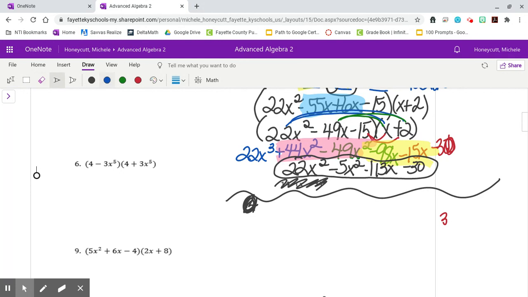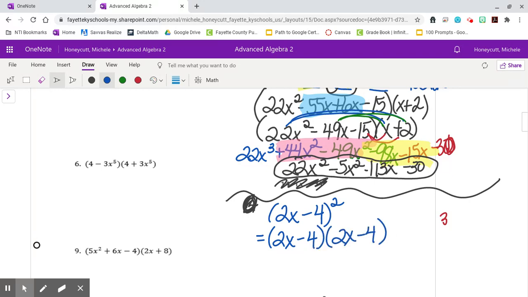Let's do the example 2x minus 4 squared. Now, it's tempting to just square the 2x and the 4, but remember, whenever you're squaring something, you're actually multiplying it by itself. So I need to be sure that I write this out twice and then multiply it by itself.